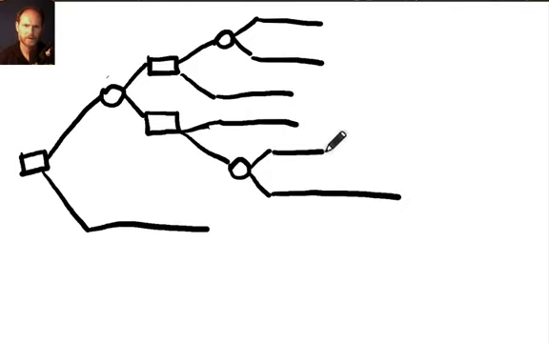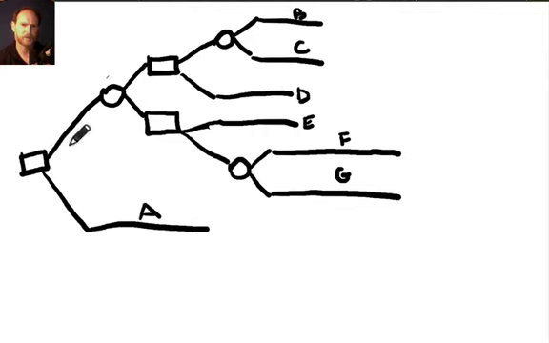And then, so from the top we have a value, let's say A. We have a probability or a value B, C, D, E, F, and G. So the question is, what decision should we make?